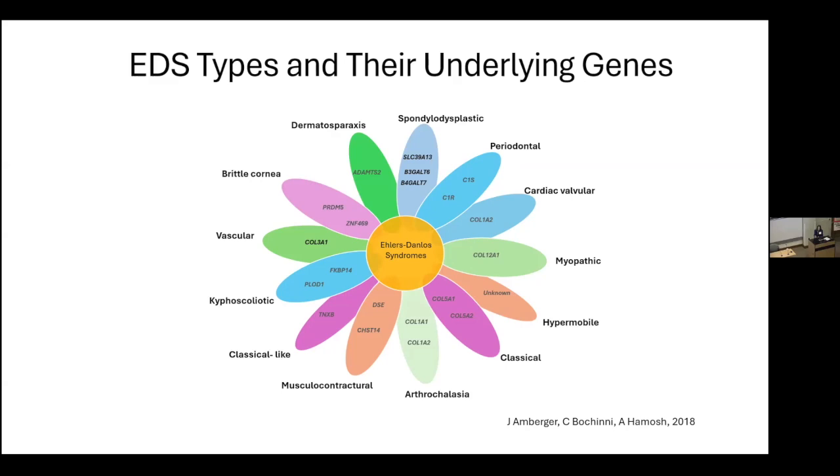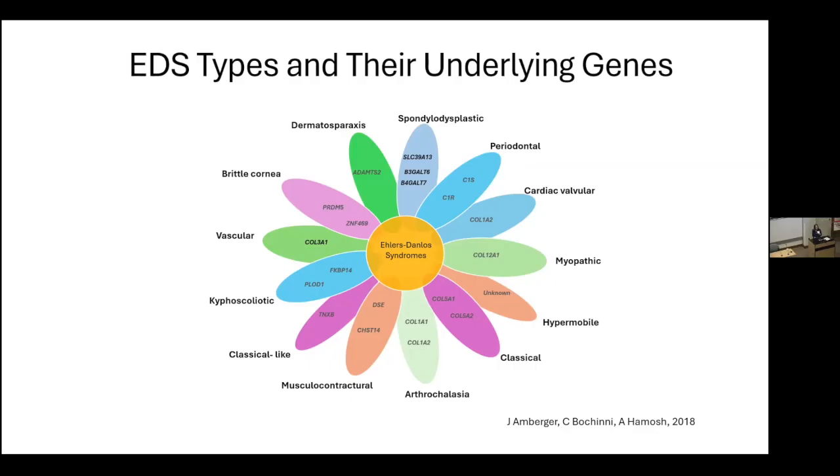And in 2018, I really wasn't thinking that we'd be sitting here in 2026 with that unknown word in the petal for hypermobile Ehlers-Danlos syndrome, but here we still are.